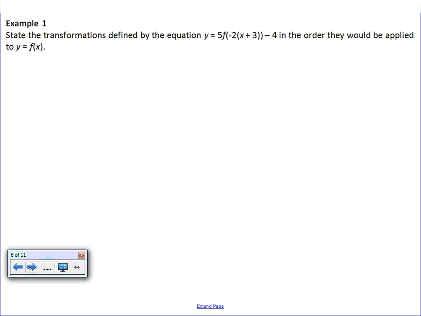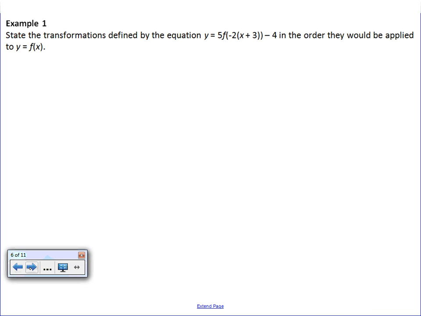Correct order would be from left to right. So don't start with the translations because they're easy. You can't start with the translations. These should be the order that transformations are applied, and you would never start by translating, because if you translate and stretch, then your points could get totally messed up.